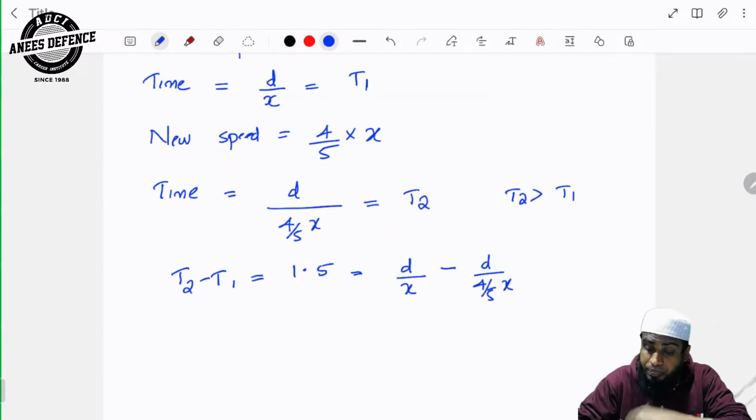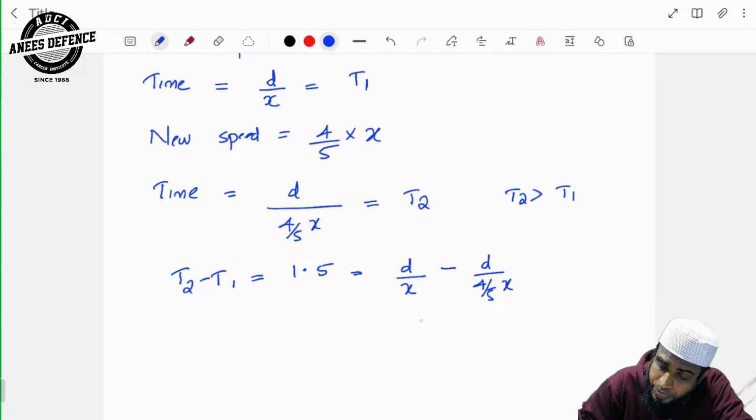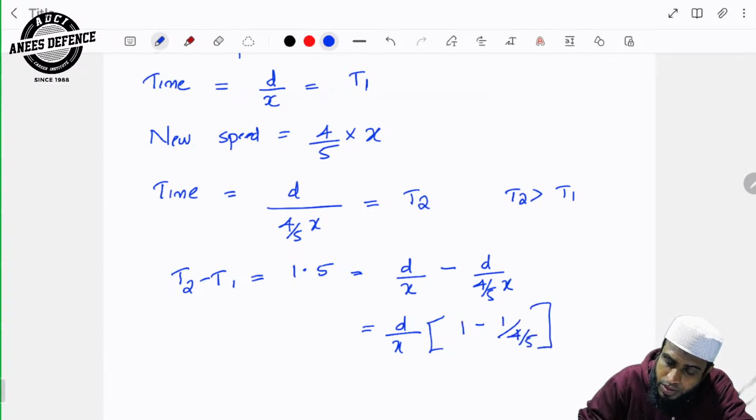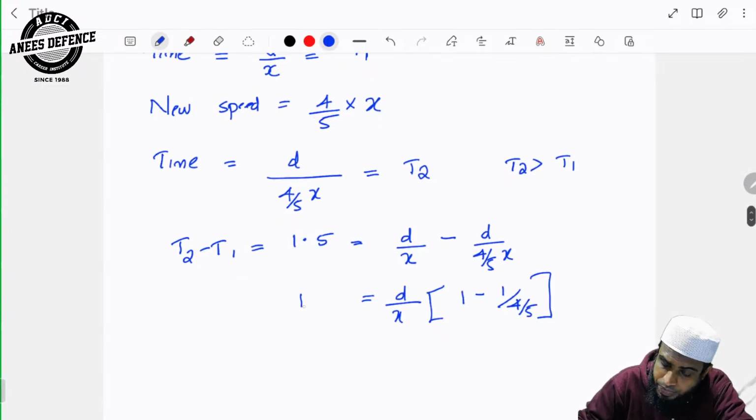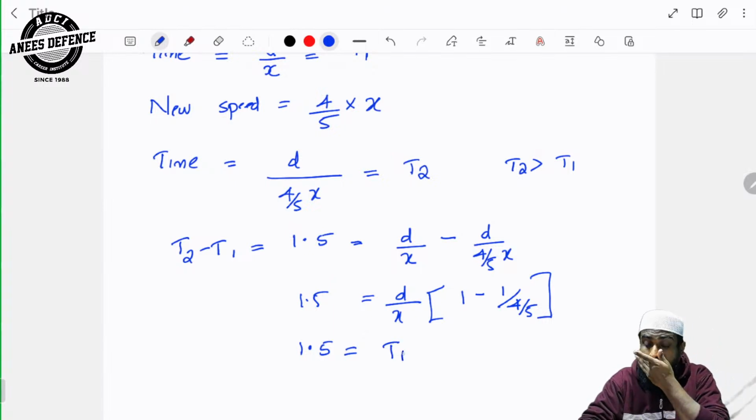So here d by x is common in both cases. So you can write 1 minus 1 by 4 by 5 equal to 1.5. d by x is actually the time t1 that we need to calculate.